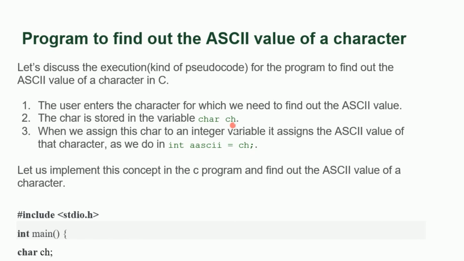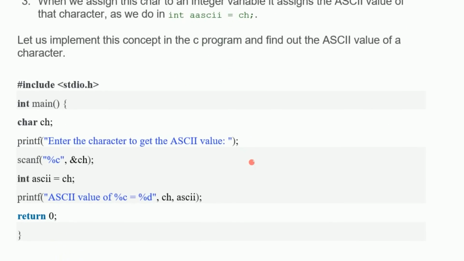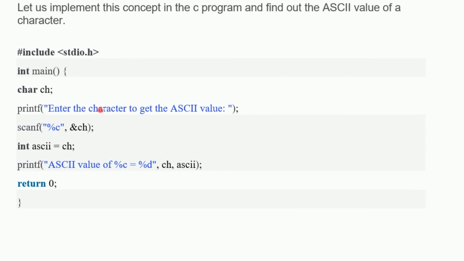The character is stored in a variable, char ch. When we assign this character to an integer variable, it assigns the ASCII value of that character, as in int and char. If you take int a and afterwards a character, it will automatically convert. So we will see the program.